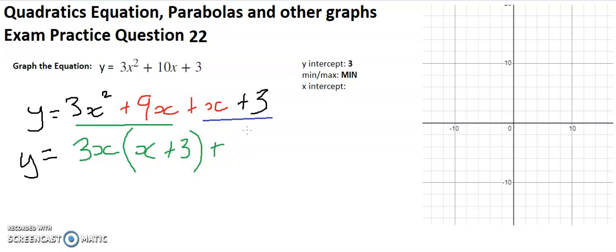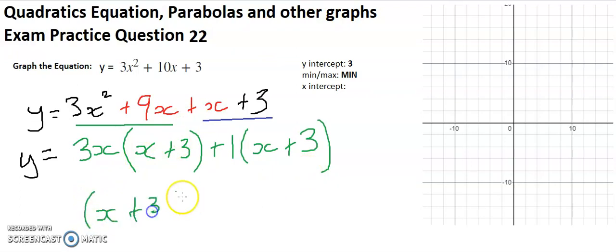And I've got a common factor of 1. Just so it's easy for you to see, I'll put the 1 outside. Now, I've got x plus 3 as a common group factor. So if I take x plus 3 out, x plus 3 is being multiplied by 3x, and x plus 3 was also being multiplied by plus 1.